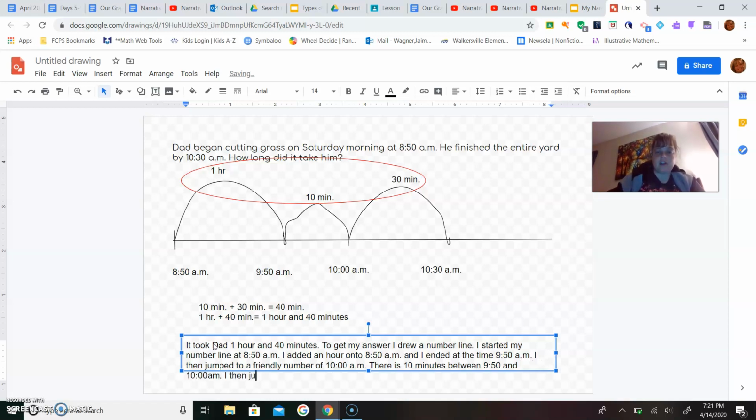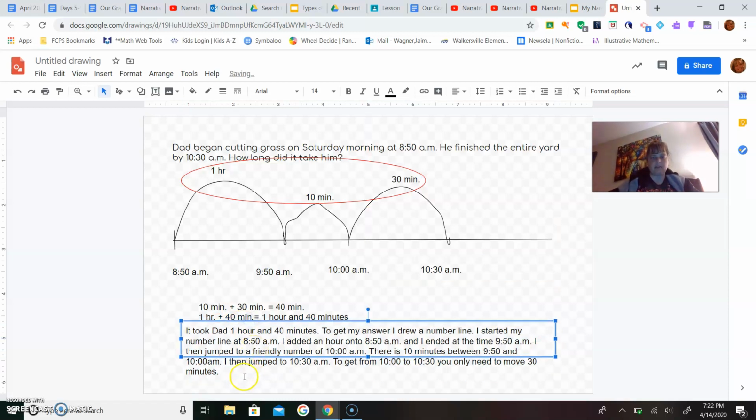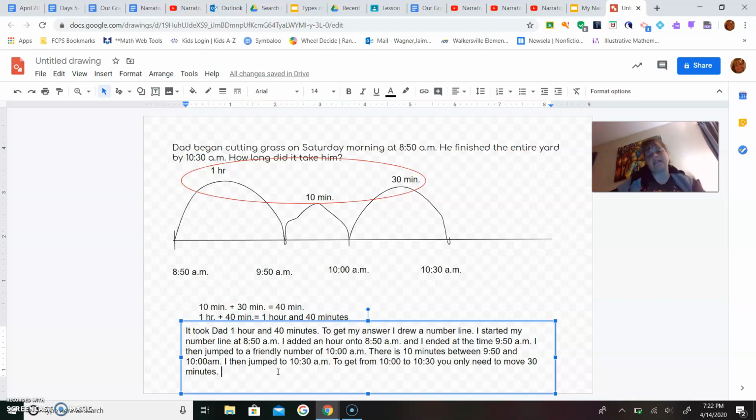I then jumped to 10:30 a.m. To get from 10 o'clock to 10:30, you only need to move 30 minutes. Okay. I think I need to move this up a little bit because I am running out of space down there. And then let me pull this down just a tad. Okay, to get from 10 o'clock to 10:30, you only need to move 30 minutes.